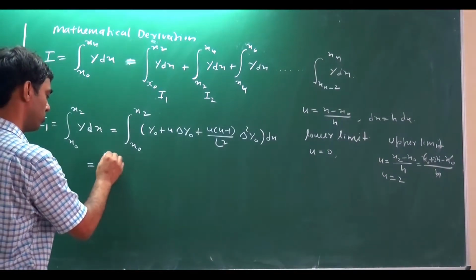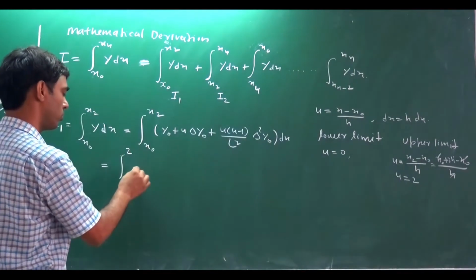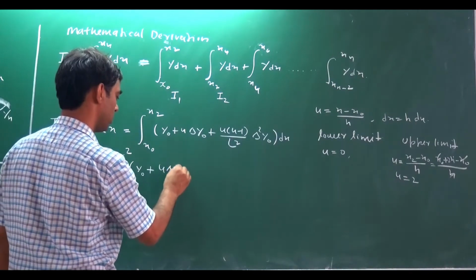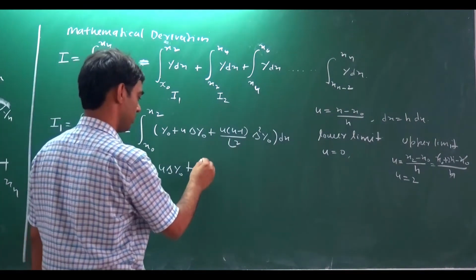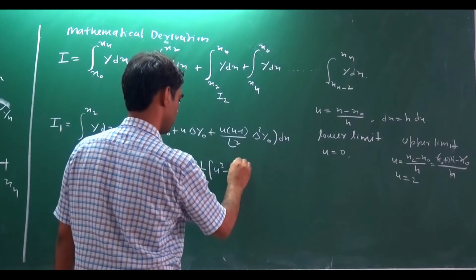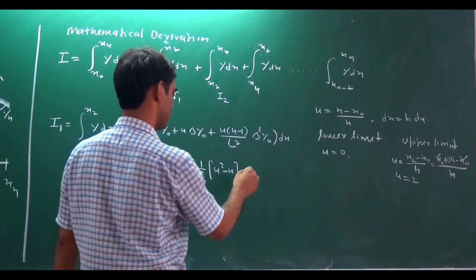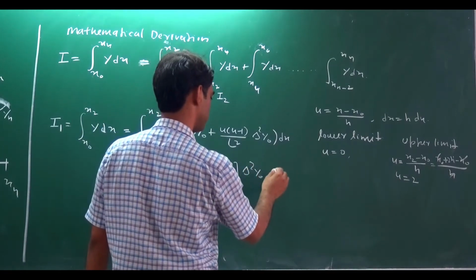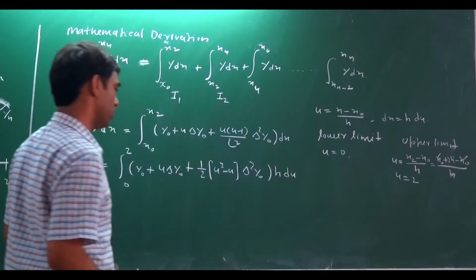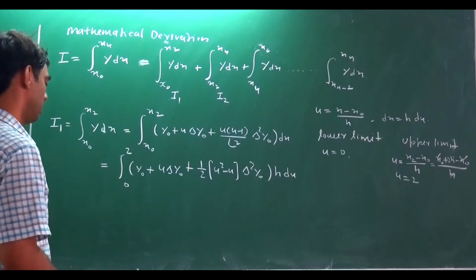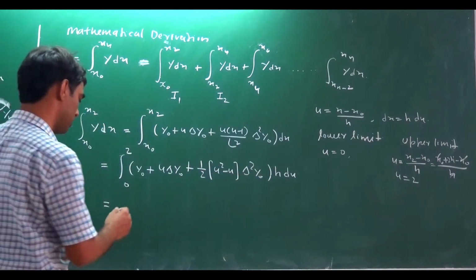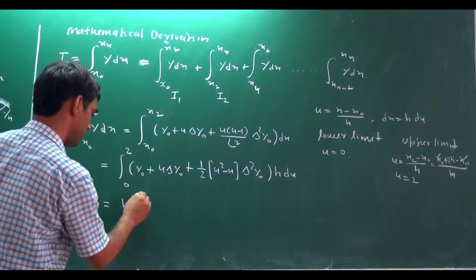Just put it here and simplify. This becomes the integral from 0 to 2 of y0 plus u del y0 plus, in simplified form, u square minus u over 2 del 2y0, and dx can be replaced by h du. Now if we integrate, h comes outside.